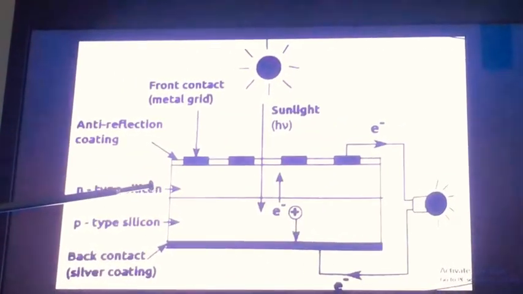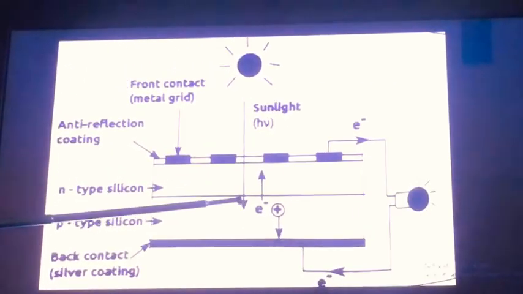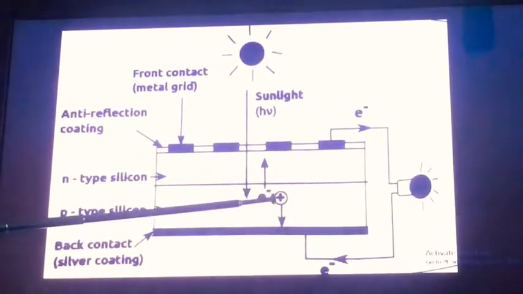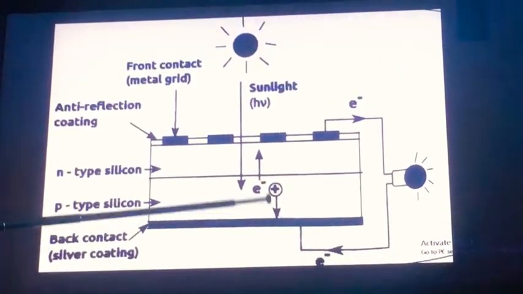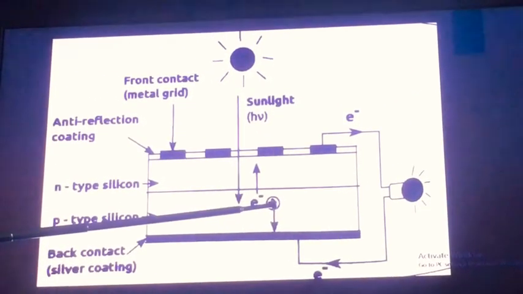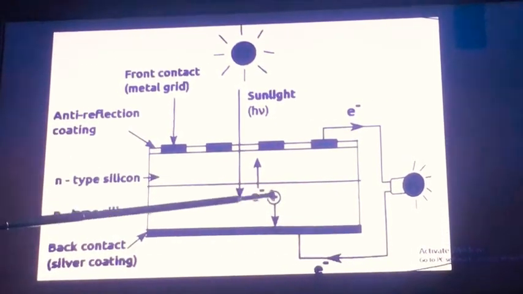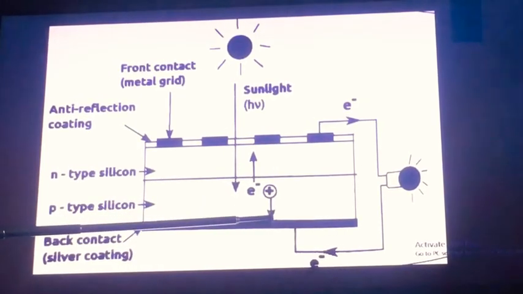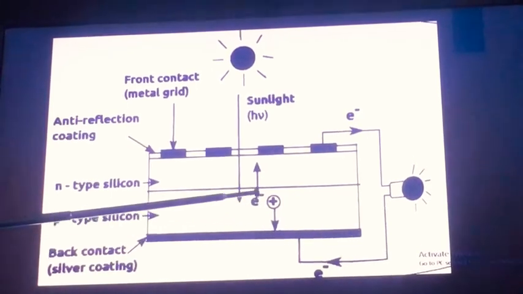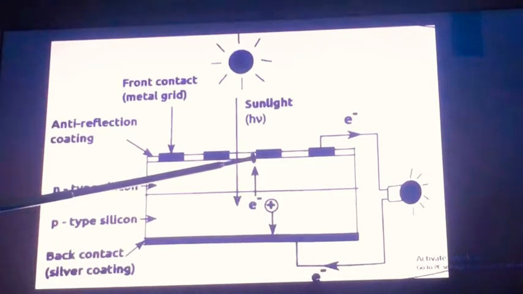Now let us see the working. When light of sufficient energy is incident on the PN junction diode, electrons will be ejected from the P-type silicon. So here electrons as well as electron-hole pairs will be formed. The electrons will move towards the N-type end, whereas the holes will move towards the P-type end. As the PN junction allows the movement of electrons only in one direction, electrons will be moving only towards the N-type end.